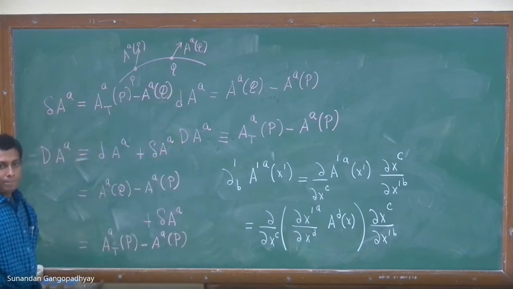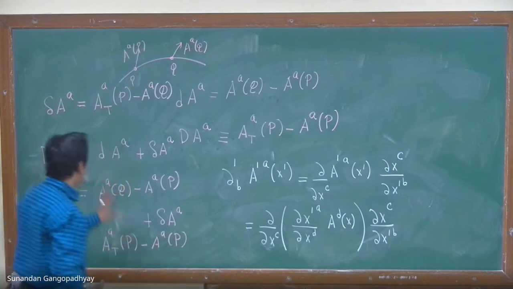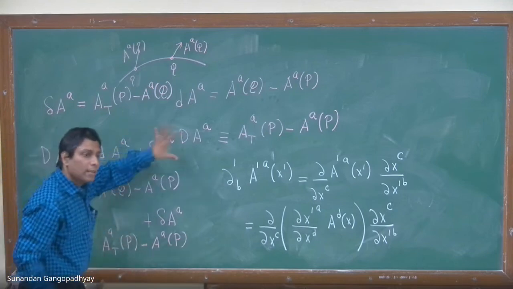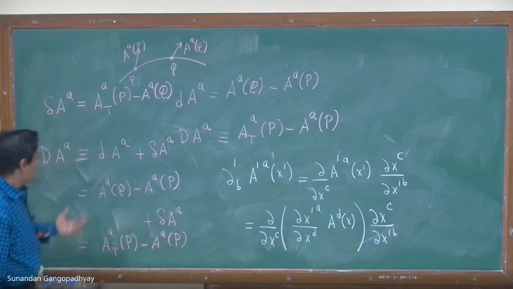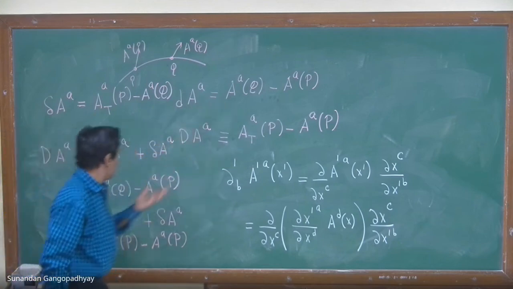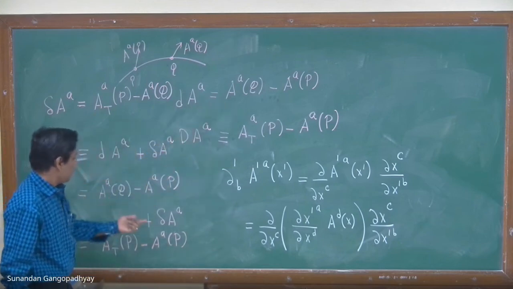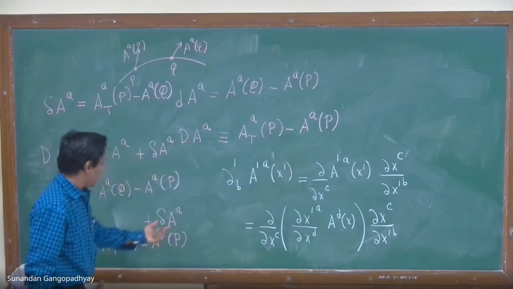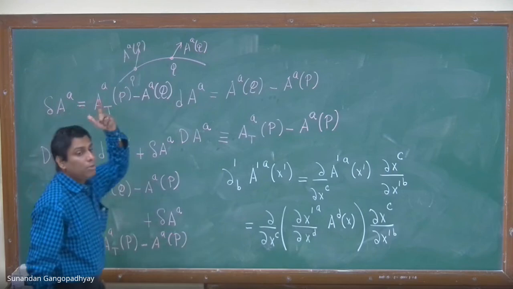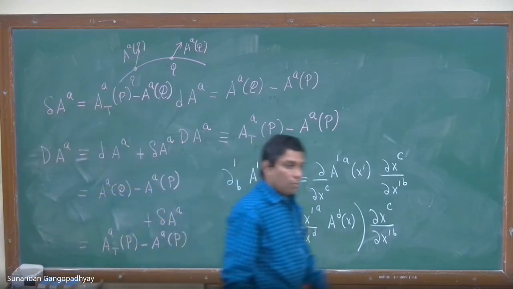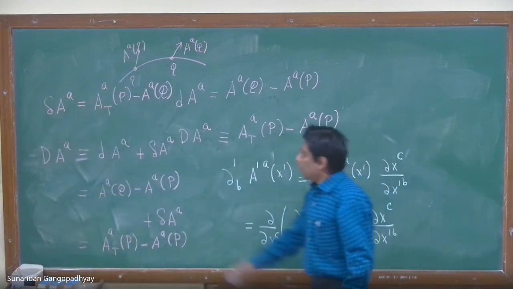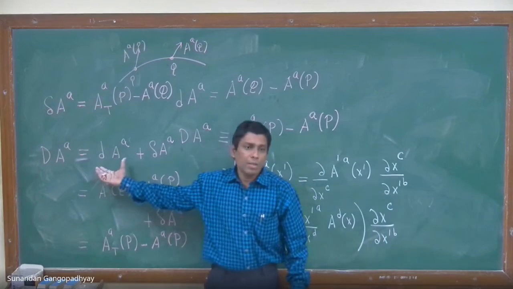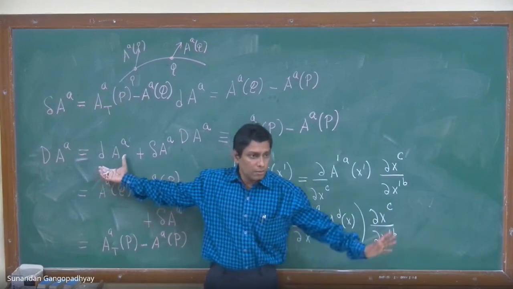Okay. What did we do? We broke DA into two parts and wrote it this way. I put it over here, and delta A, but this whole thing is nothing but this. By comparing you can get delta A to be equal to this. What I am saying is that DA^A does not transform tensorially, which I have shown you just now.